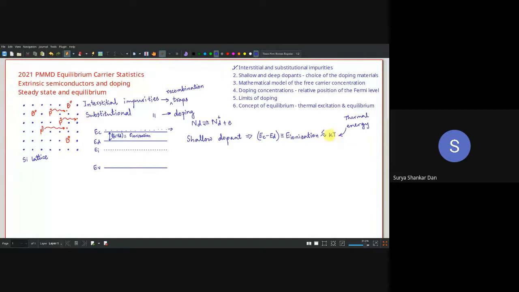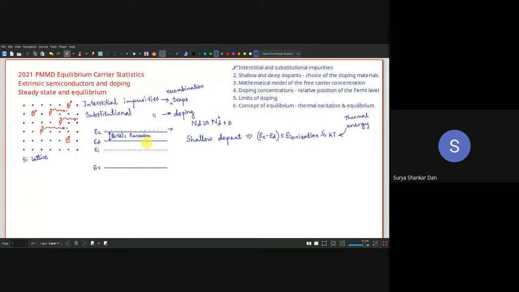If it is in the order of kT or less, then just because of thermal energy itself, all the atoms of phosphorus will ionize. So you do not have to spend any extra bias or voltage just to ionize phosphorus.